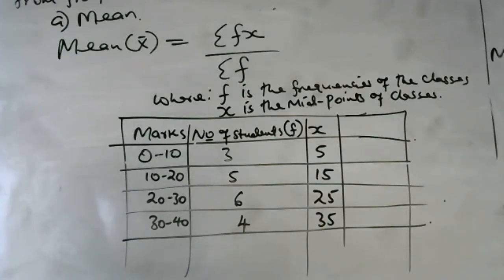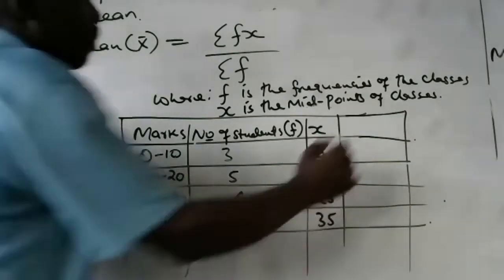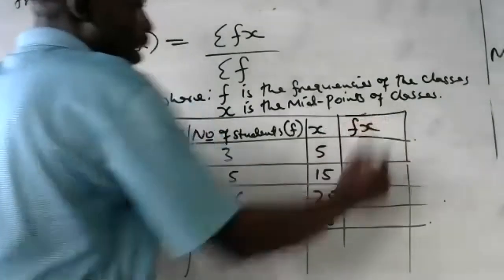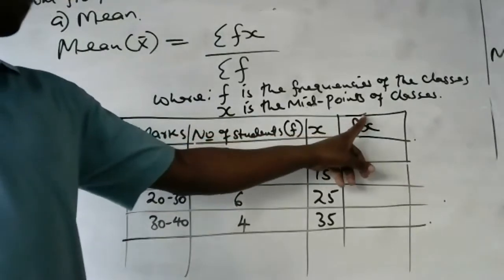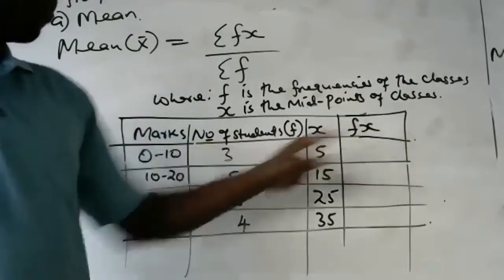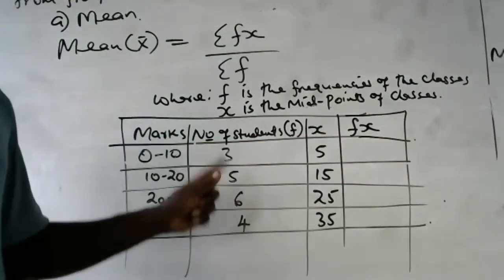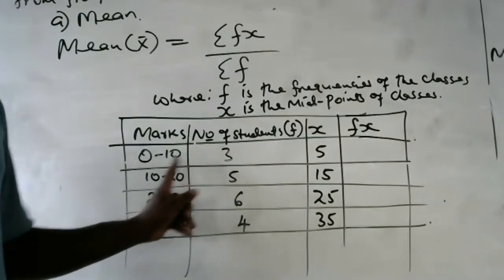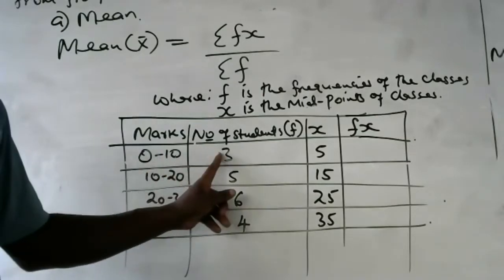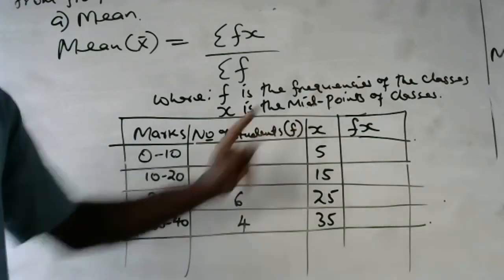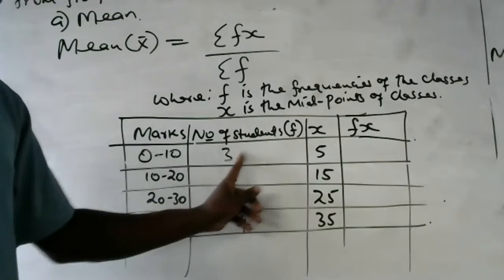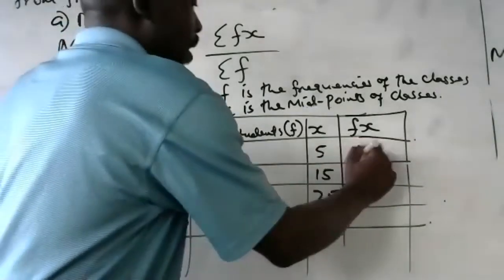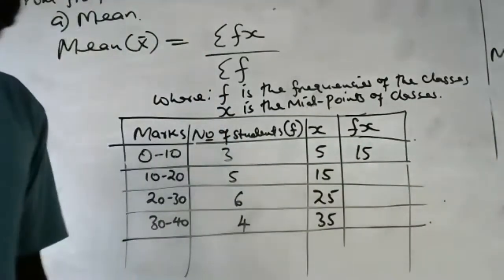After getting your x values, you can now get your fx. Fx means that we multiply the f value and the x value for each and every class. For example, our f for 0 to 10, the frequency, was 3. That is our f. And our x for that particular class is 5. So 3 times 5 will give us our fx of 15.